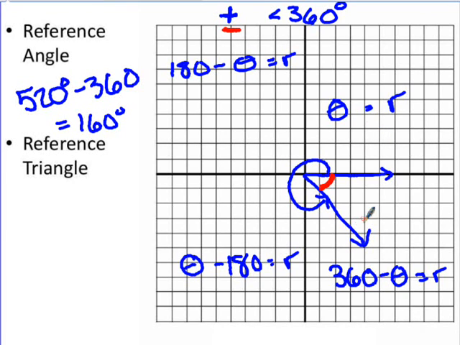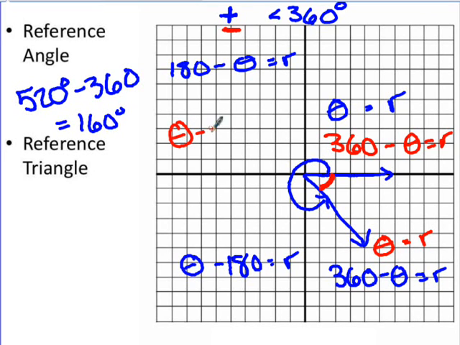The first and fourth quadrants would switch, and the second and third quadrants would switch. So if I have a negative angle in quadrant 1, I'm actually going to use the rule from quadrant 4. And if I have a negative angle in quadrant 4, I'm going to use the rule from quadrant 1. So the quadrants are going to flip.